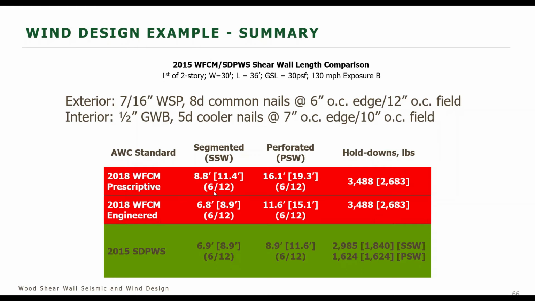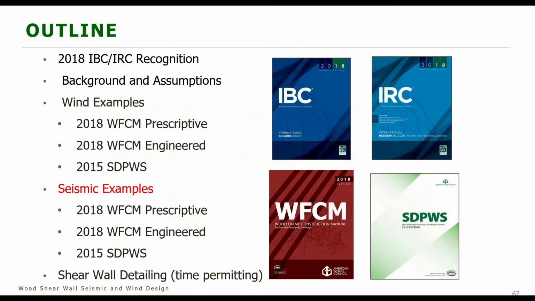They were all 6 inches panel edge spacing and 12 inches in the field. And then you can see the hold down capacity requirements depending on if you were using the segmented shear wall for SPDWS or the perforated shear wall. And then it was the same regardless of your approach with the WFCM. So that's all of our wind examples.